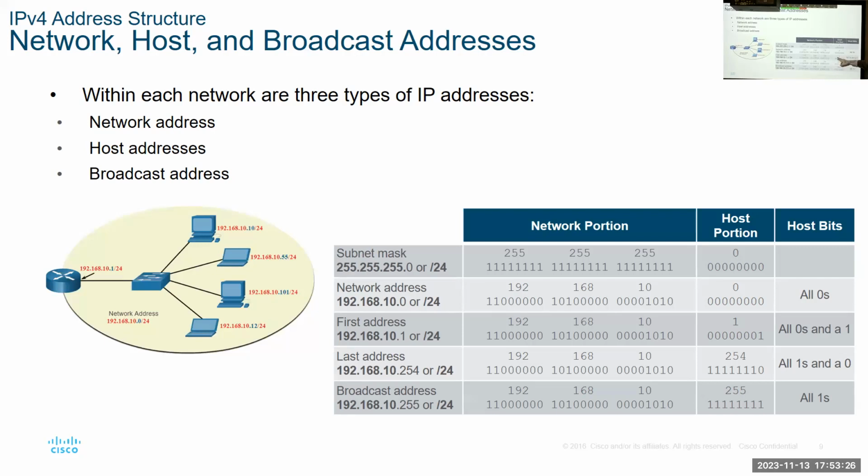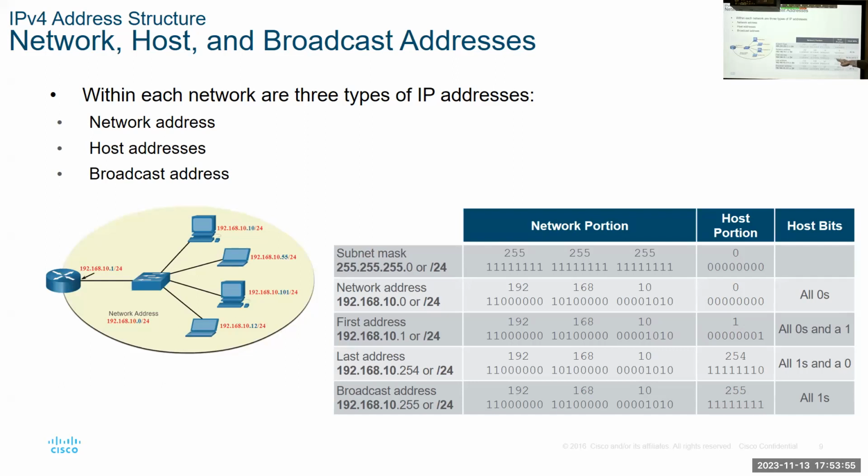So the very first host address on any subnet will be where all the host bits are 0 except for the rightmost, which is the 1 bit. So in subnetting problems, when you're trying to figure out the address of the first host, that's usually what we ask you: what's the address of the first host and the address of the last host in that subnet?